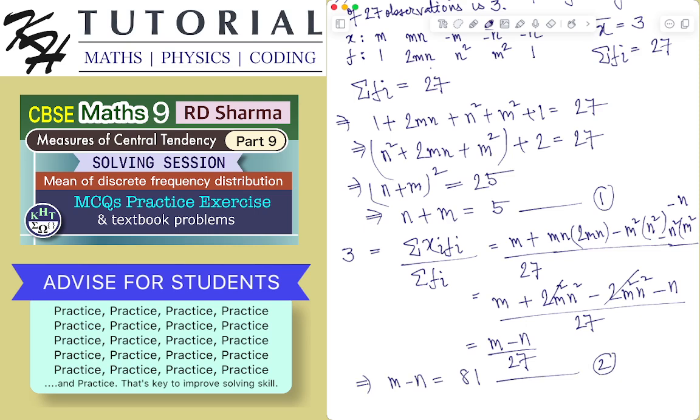this is strange. How can this be? M minus n is equal to 81 and m plus n is equal to 5.